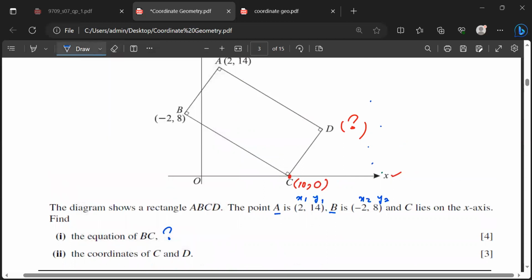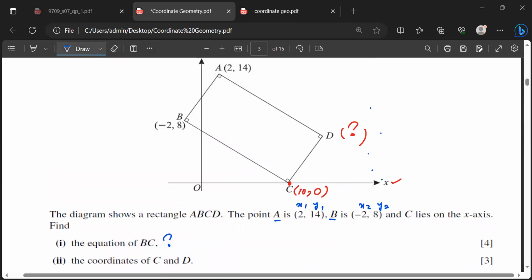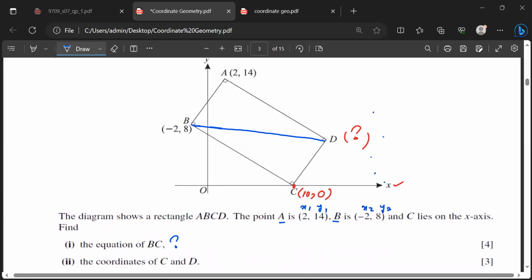There are two diagonals. You have the coordinates of A and C. When you draw the diagonals, this is diagonal BD, and the other diagonal is here, which is AC.